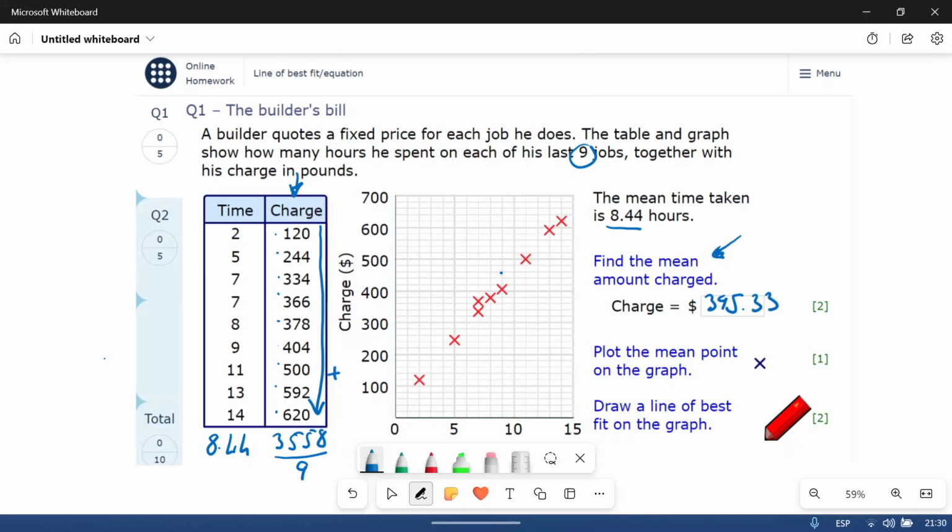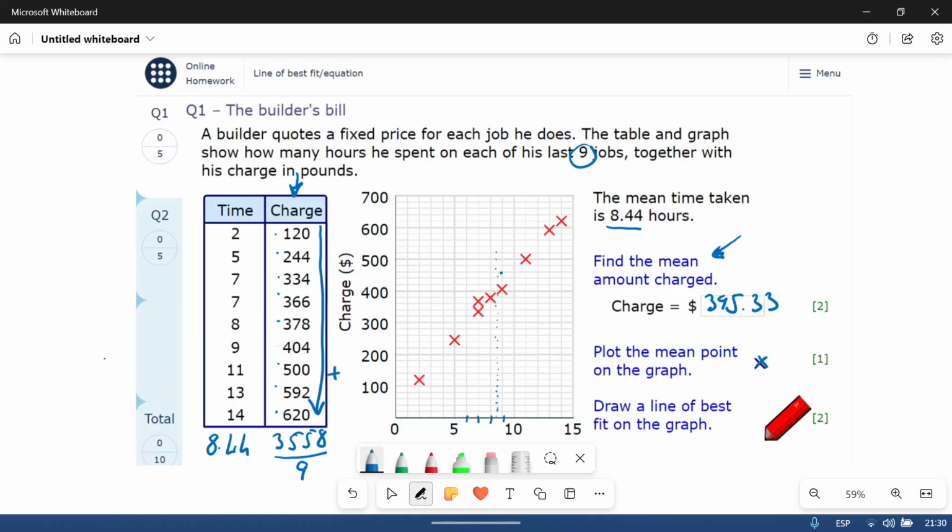Next we need to plot the point. Now we need to take this cross and drag it across, but I'm in a whiteboard so I can't drag it. But just be very careful. The mean time is 8.44, so this being 5 there, then 6, 7, 8, 9, 8.44 would be going up almost half this way.